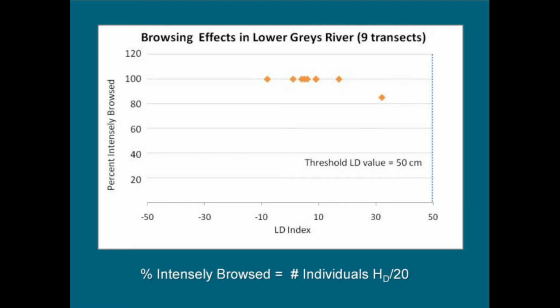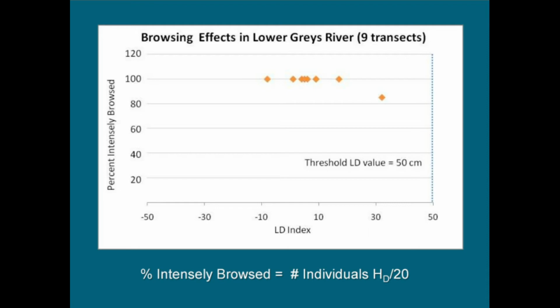Okay. Takeaway message here. These are browse trends based on the LD transects. So we see here on the x-axis we have escape browse pressure. These are the number of individuals with an LD value less than 50.